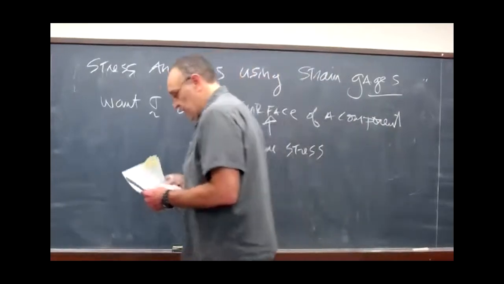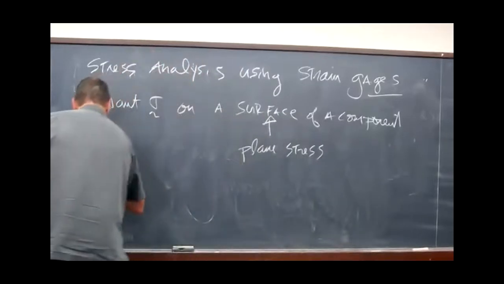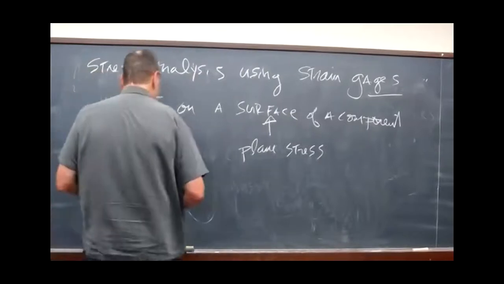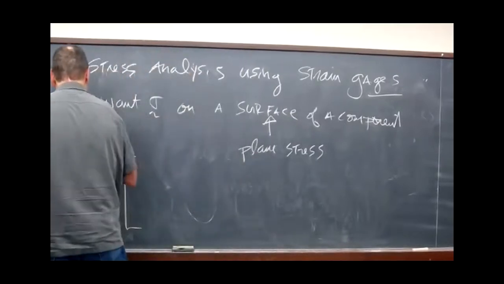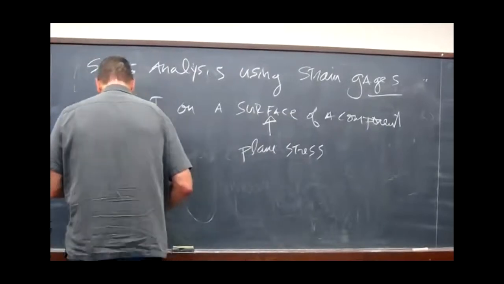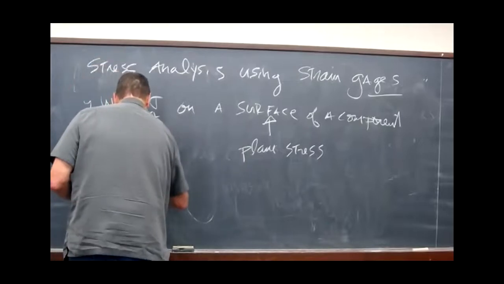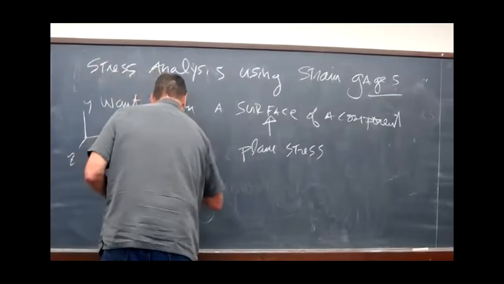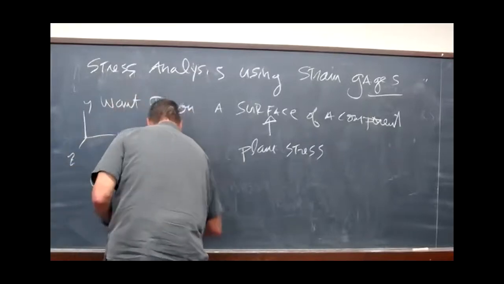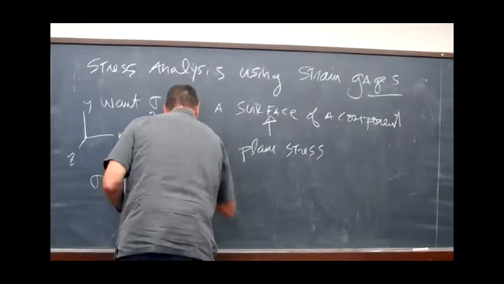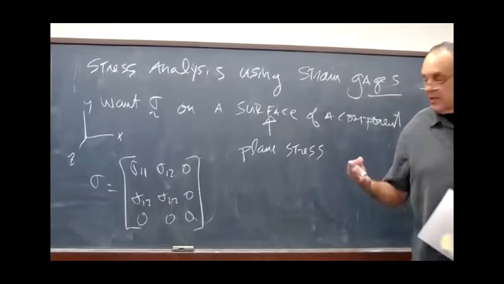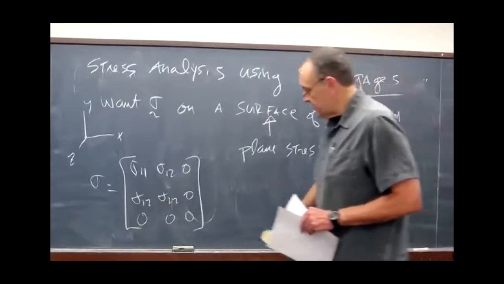So what I wanted usually would look like this, sigma, again, with a kind of coordinate system. This is what plane stress looks like. There are only 3 non-zero components of stress for plane stress.